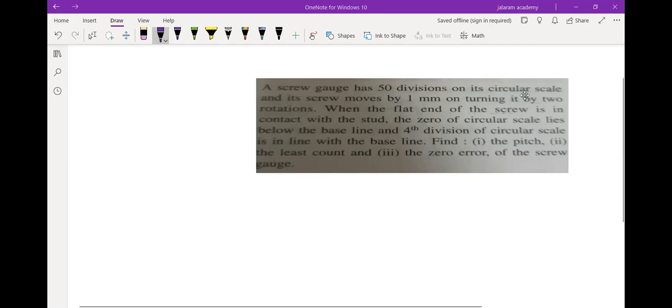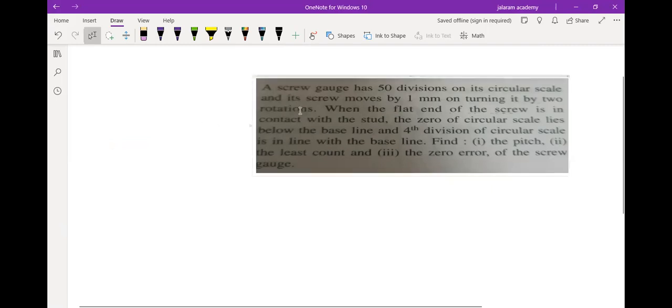Any hint is given about this? First read the question. A screw gauge has 50 divisions on its circular scale and its screw moves by 1 mm on turning it by 2 rotations.